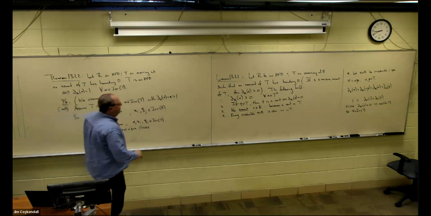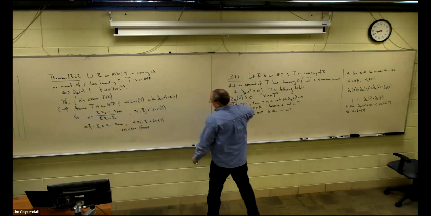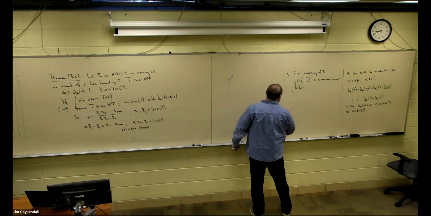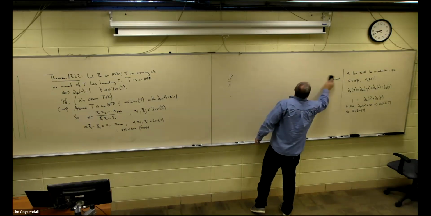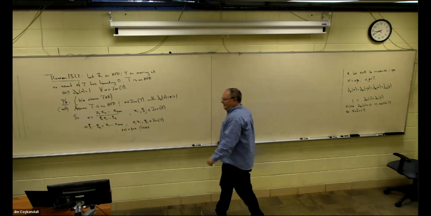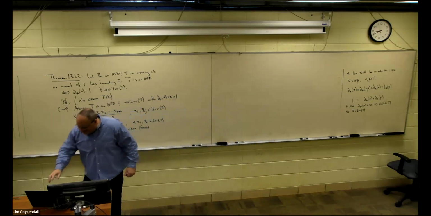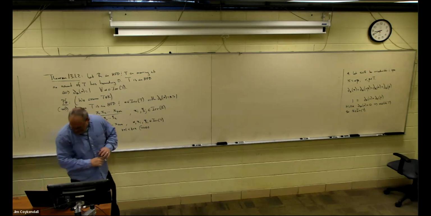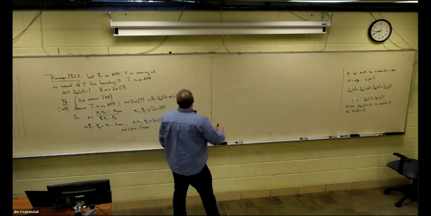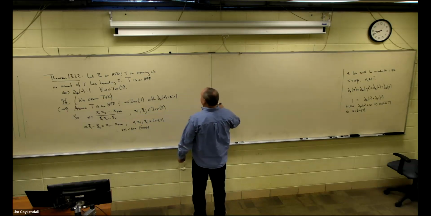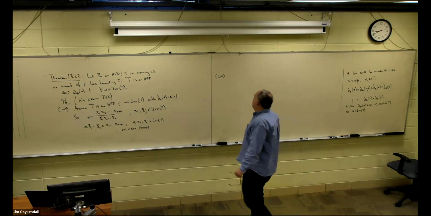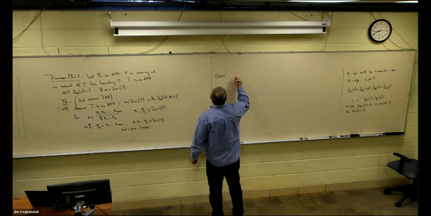How about the other direction? That is, suppose that the boundary of alpha is always equal to 1 for any irreducible. Well, that one is pretty good. So now suppose the boundary of every irreducible is 0.